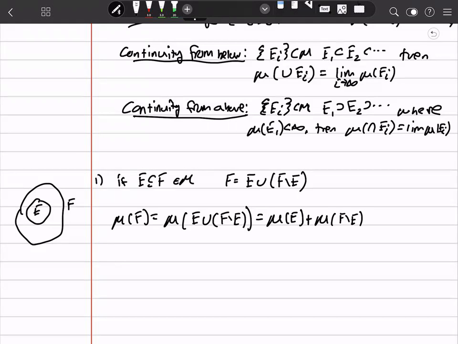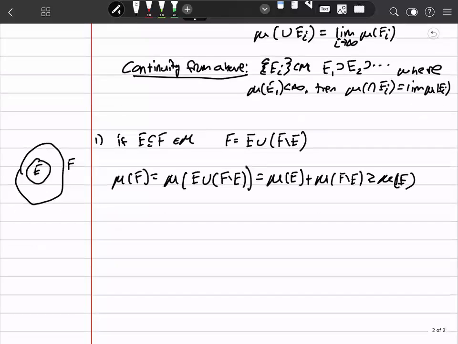Since our measure is positive, we know that mu of F set minus E is positive. So mu of F has to be greater than or equal to mu of E, which proves the claim. Okay, so that was a simple one.